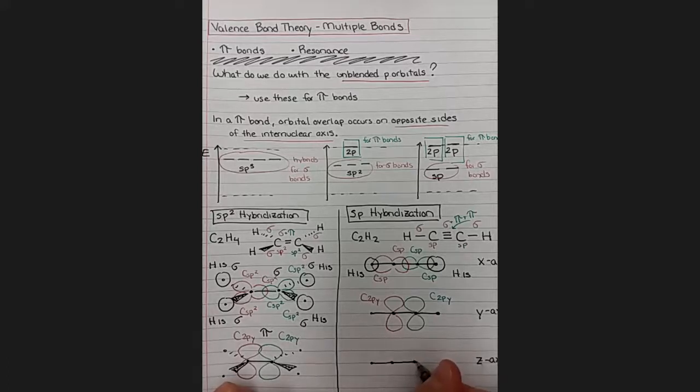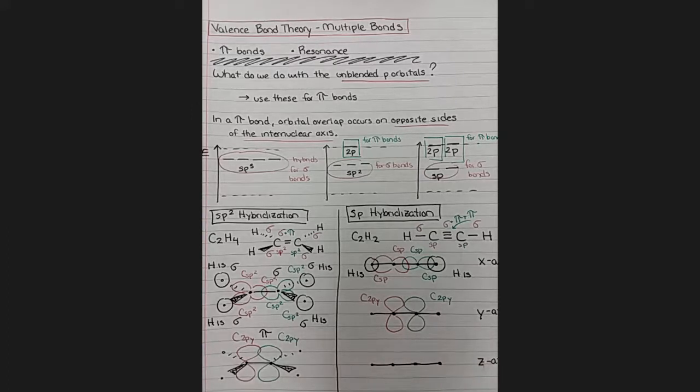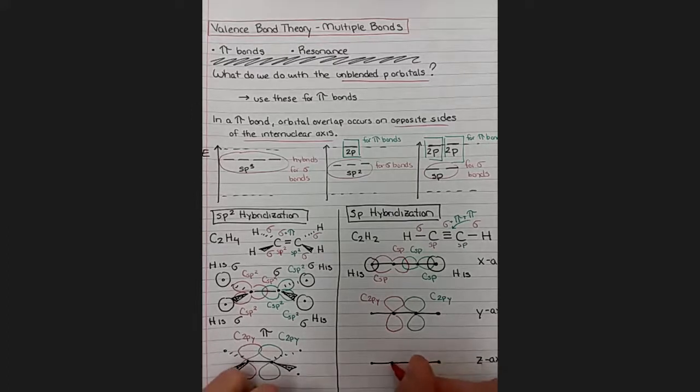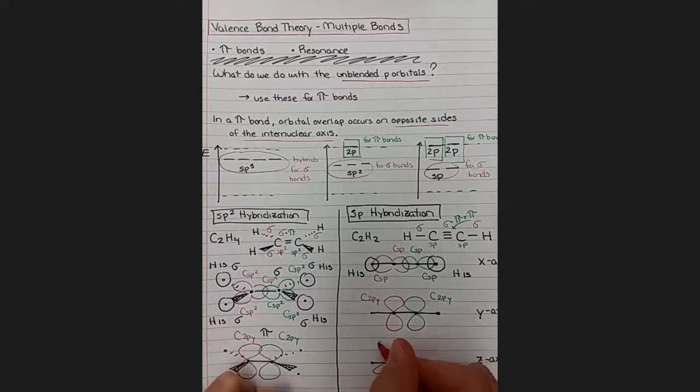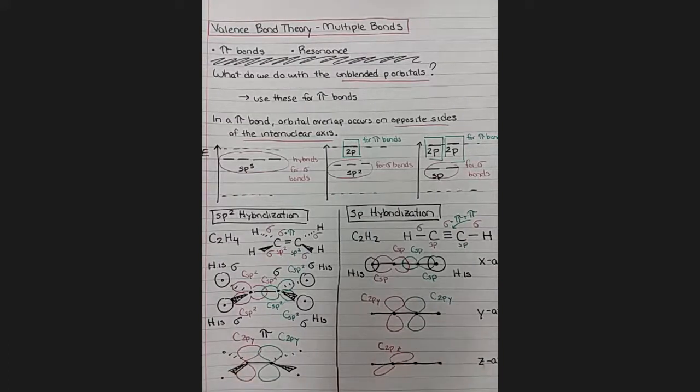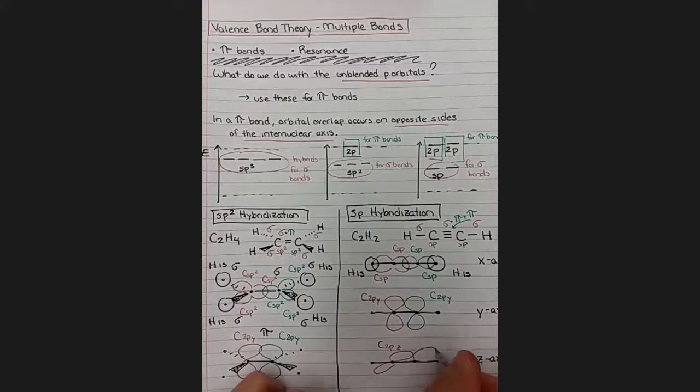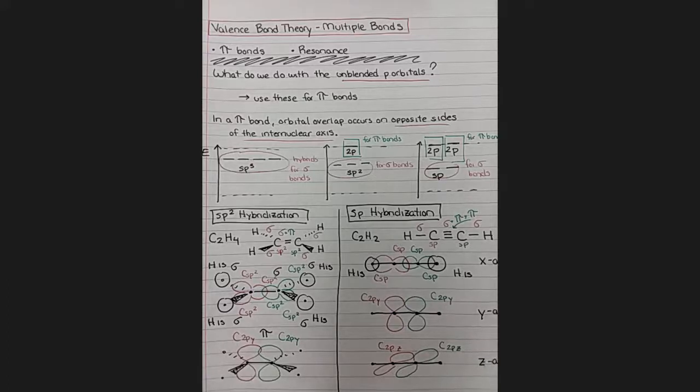And then we have a similar shaped overlap, just on a different axis. The one that's the hardest to draw, we'll try. So it kind of looks like this, sticking out into the page. So this 2p orbital is on the z-axis, and this carbon also has a 2p orbital on the z-axis.